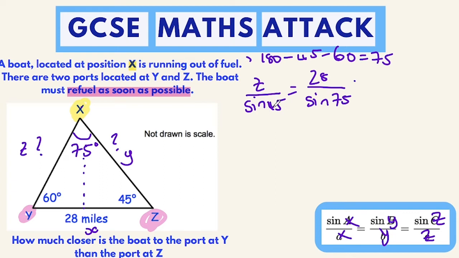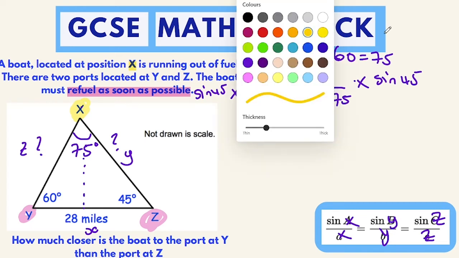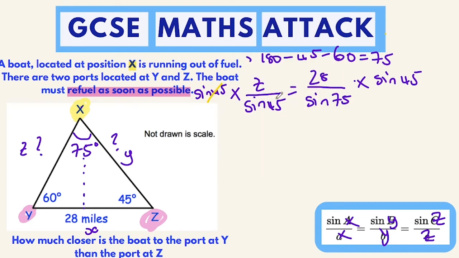Now I need to remove this sine 45, so I must multiply this side by sine 45. Whatever I do to one side, I must do to the other side. So these two cancel out. I'm left with z equals 28 over sine 75 times sine 45.